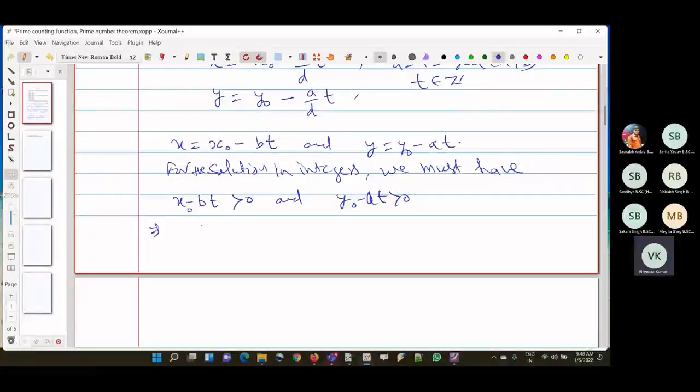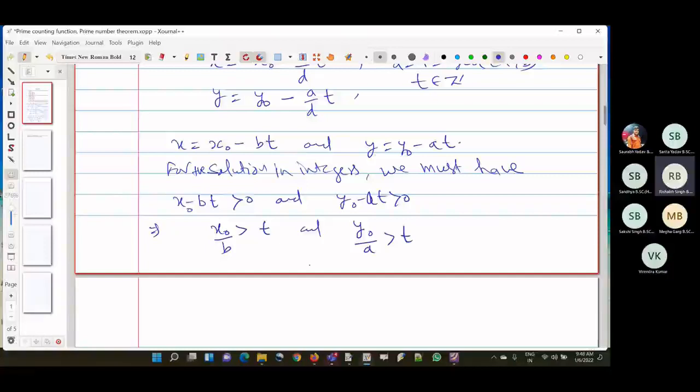This holds if X naught by B is greater than T, and Y naught by A is greater than T. We assumed that A and B are non-zero. I think it is okay.